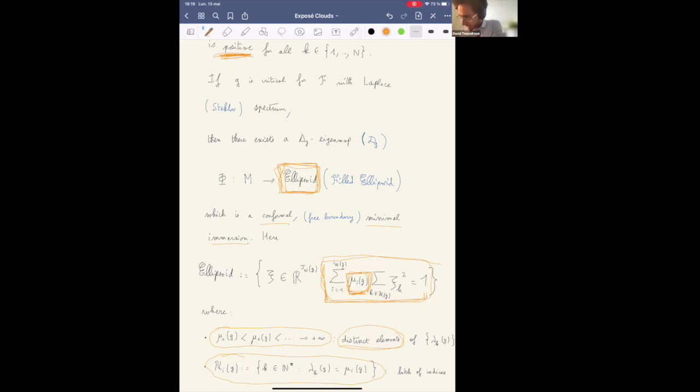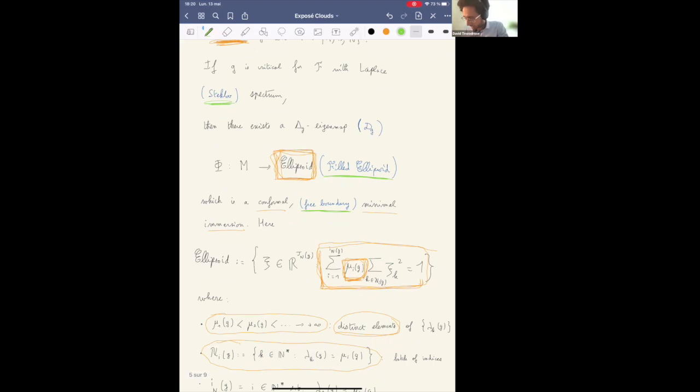And here again, in the case of the Steklov spectrum, this time the target is a filled ellipsoid, so let's say inside the ellipsoid, and just like in the previous cases, you obtain a free boundary immersion, free boundary map.